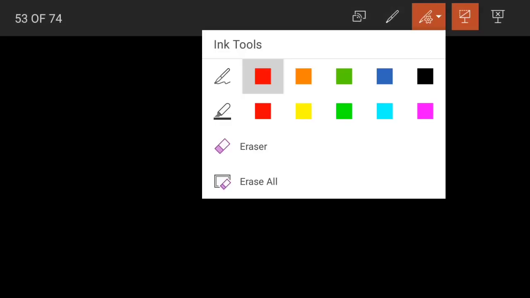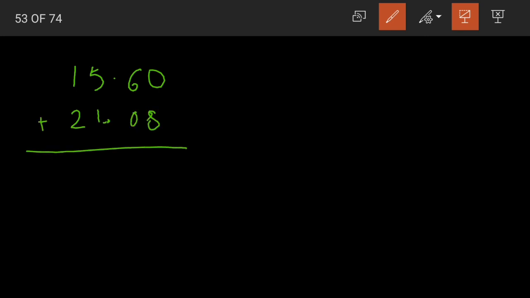Yes, to conclude our class, let us revise it. Let us revise all the four, that is addition, subtraction, multiplication and division. Now when we are adding two decimal numbers, say 15.60 and 21.08 together, how will we add? We'll just simply add them as whole numbers, 8, 6, 6, 3.